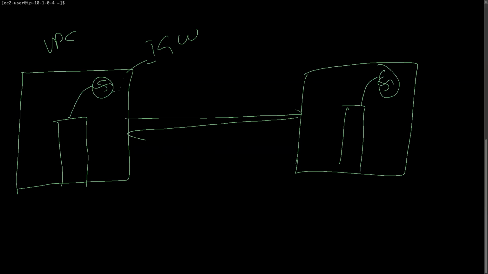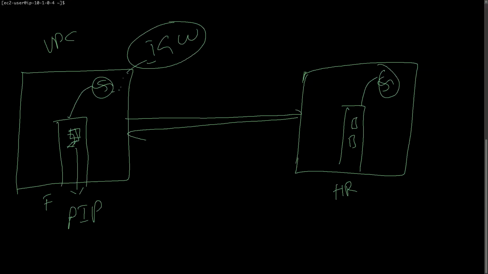This has an internet gateway, this one doesn't. So this finance one has it, the HR doesn't have the internet gateway. So all the machines in this VPC become what? Private, because they're not connected to an internet gateway. So if you want to connect to the machines in the private network, you need to first log in to the machine that has the internet gateway. Okay, so this gets a public IP. You use this public IP to connect from your laptop.